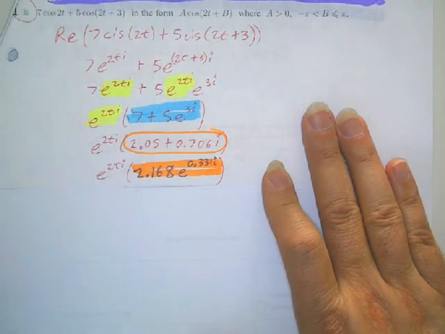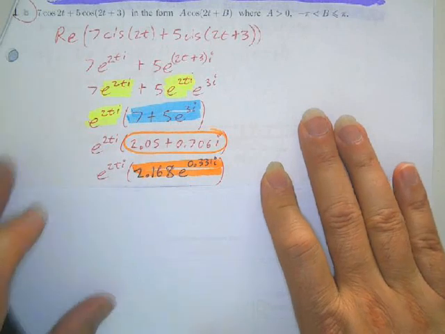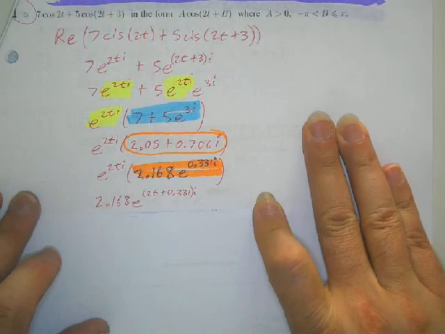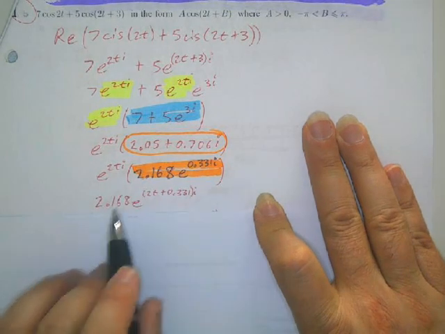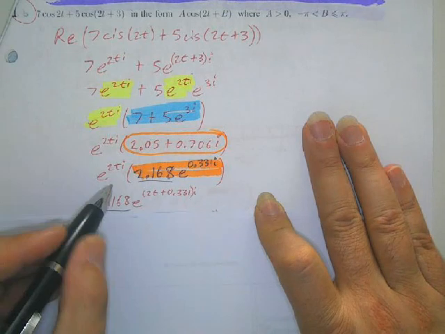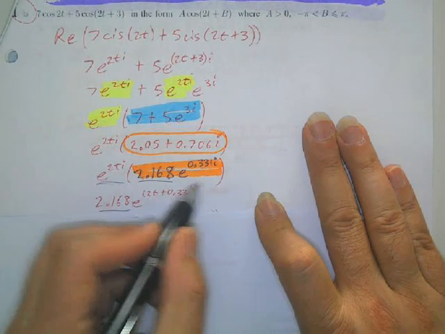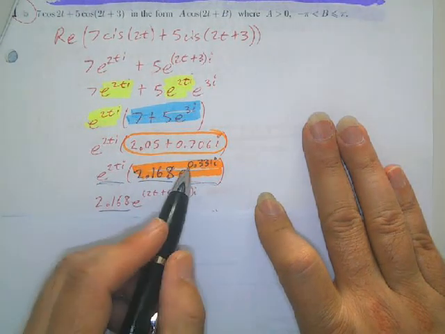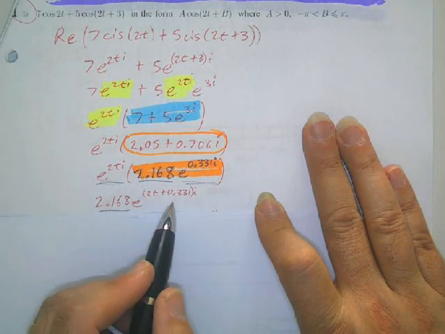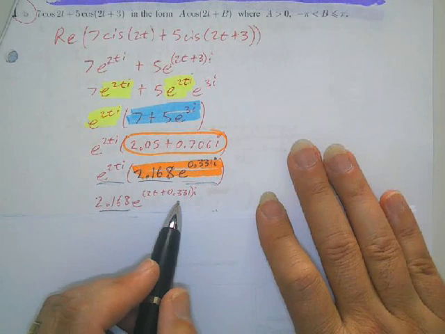And so I'm going to just rearrange these things. So the 2.168, I'm putting that over here. I've got e to the 2ti and e to the 0.3331i. So I'm just rewriting it and simplifying like we did in the previous example.